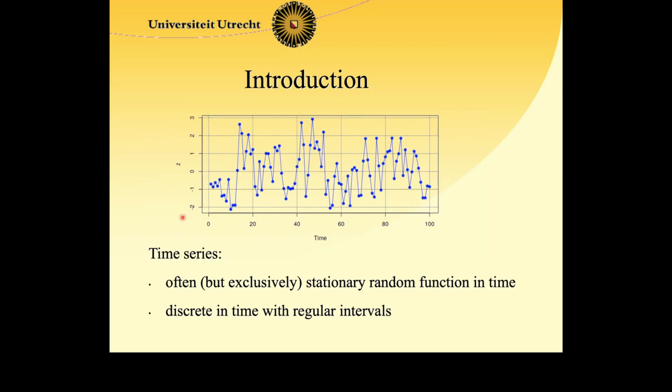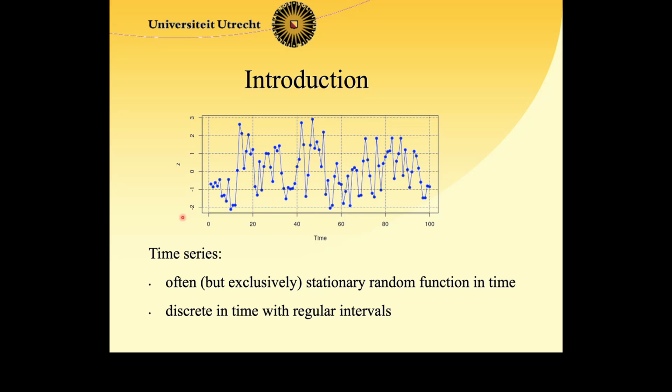So a time series is defined as a stationary random function in time that is only looked at regular time intervals. Yeah? So the domain is time, the domain type is discrete, and it can be both continuously or discretely valued, but usually it's continuously valued.